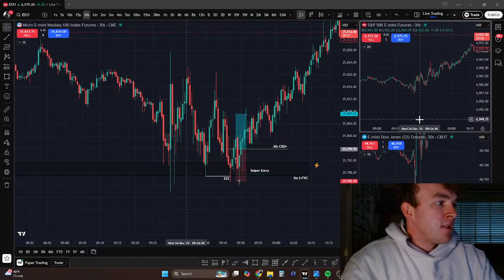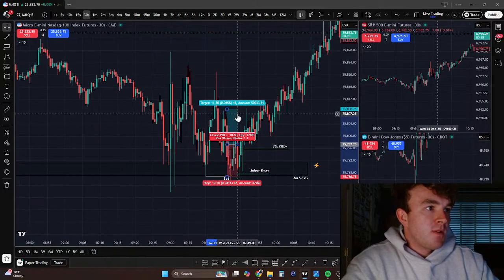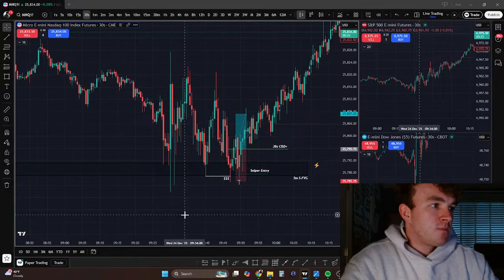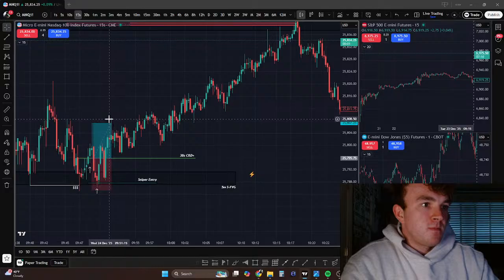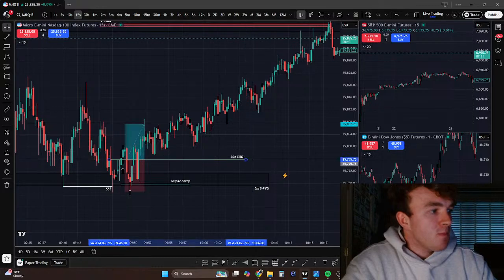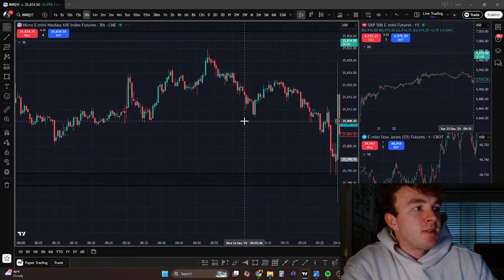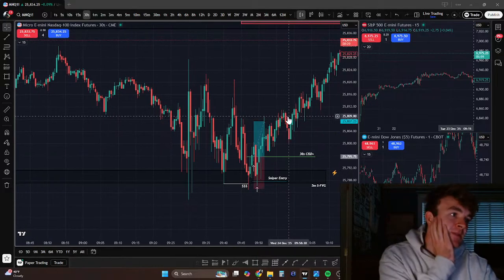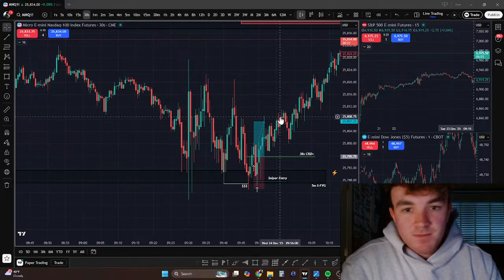Wait, did we? Oh, this was a 15-second change in state. No wonder. This is actually better as a 30-second change in state, huh? That makes more sense. That was way more clean as a 30-second change in state.